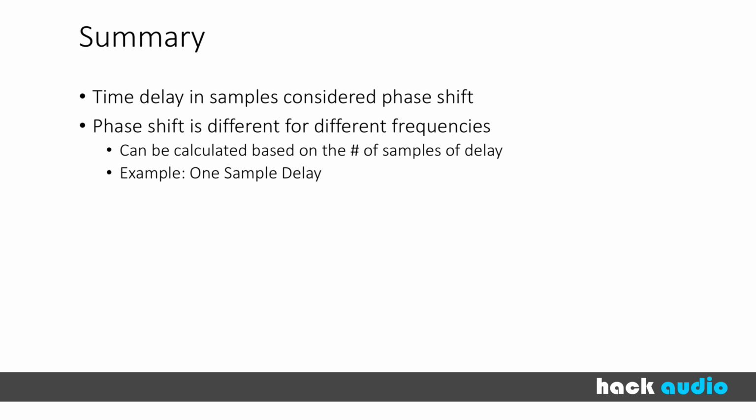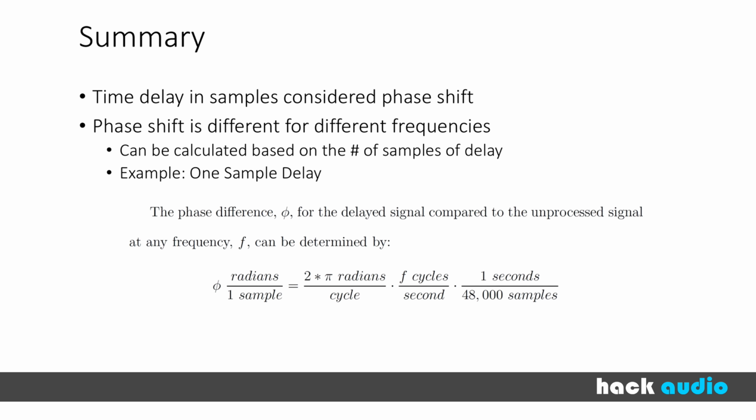So let's look at an example here with 1 sample. If we know some frequency, that's going to be cycles per second, what we want to figure out is what is the phase shift in terms of radians per 1 sample of delay. Or you could also convert it to degrees per 1 sample of delay. So how is this set up? What we need to do is cancel out our units of cycles and our units of seconds.